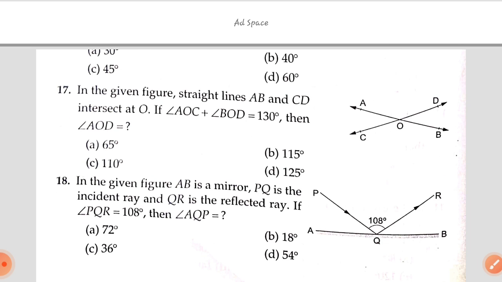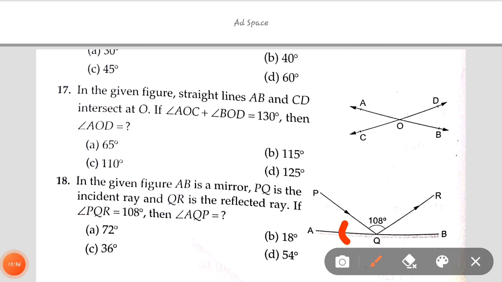18 number, in the given figure, AB is a mirror, PQ is the incident ray and QR is the reflected ray. If angle PQR is equal to 108 degrees, then AQP is equal to what? We know that angle AQP is equal to angle BQR.